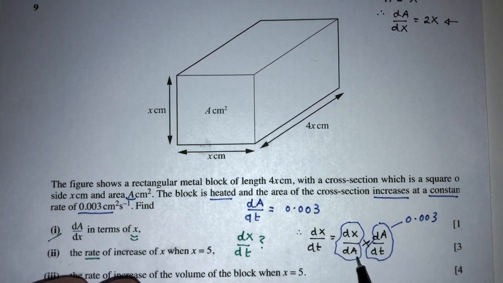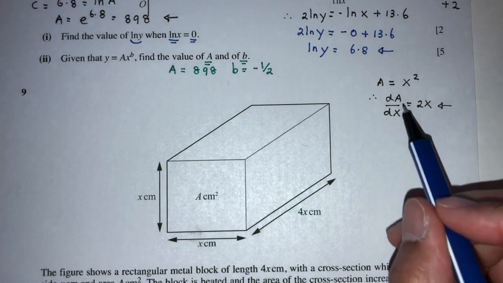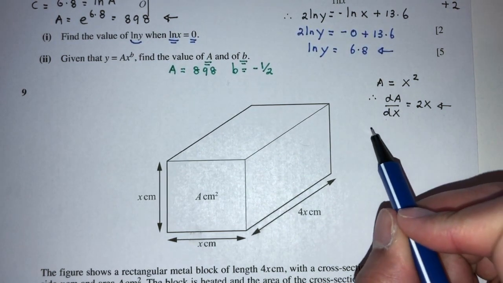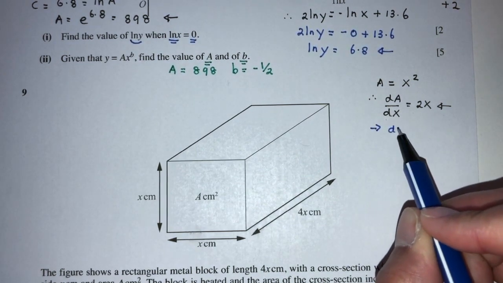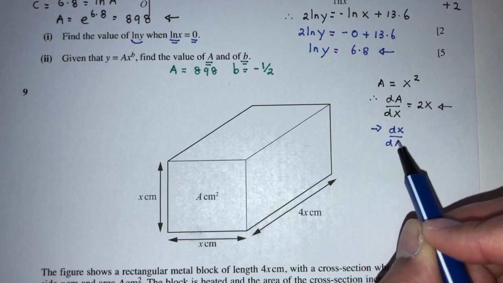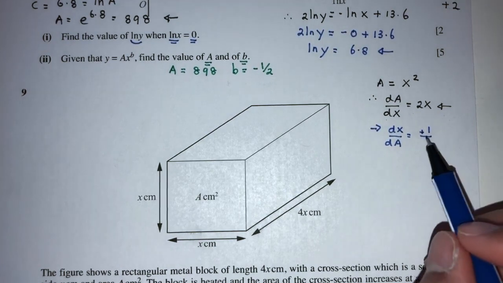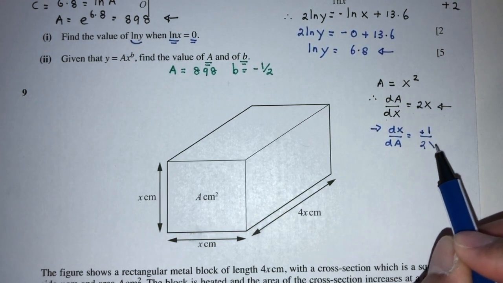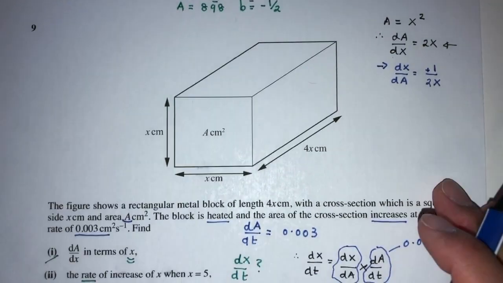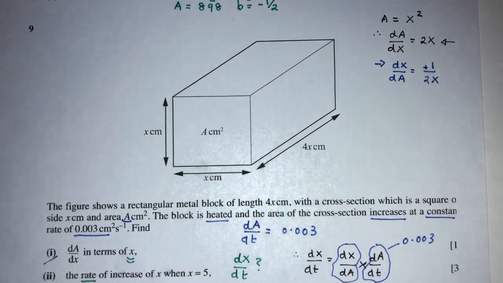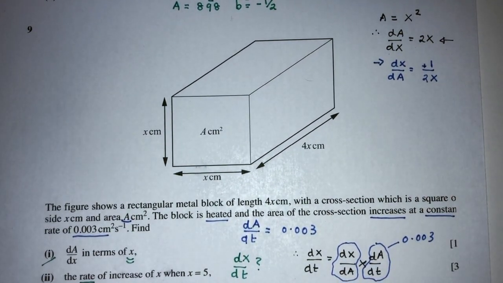And what is dx by dA? Here we have dA by dx, so pretty easy, we just have to flip this upside down. dx by dA is 1 over 2x. Now, this is the value. Now again, when x equals 5, replace all the values of x by 5.